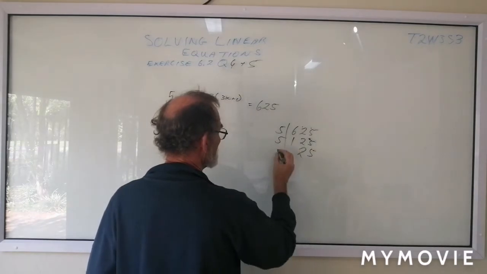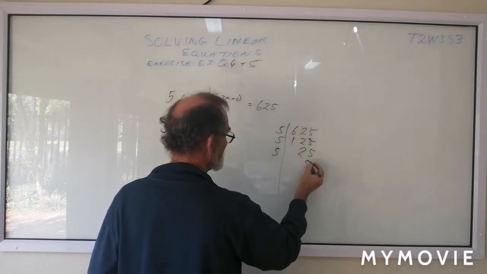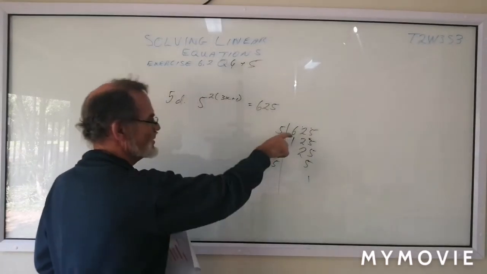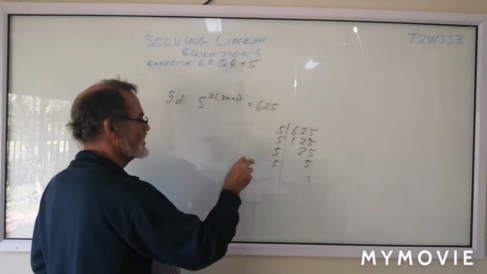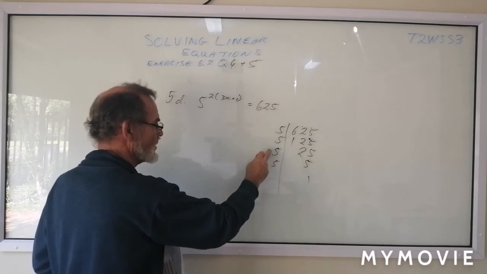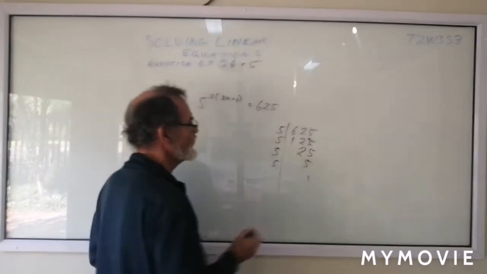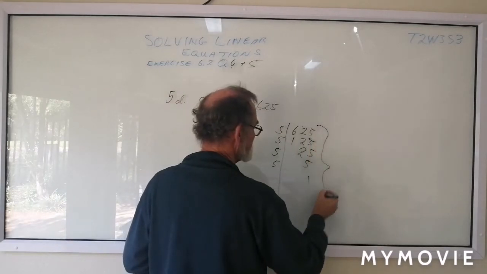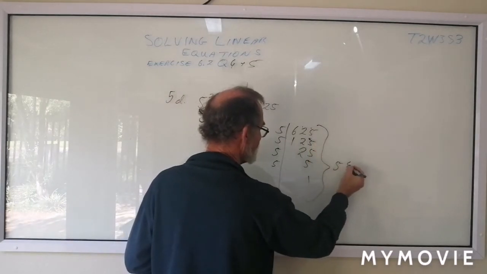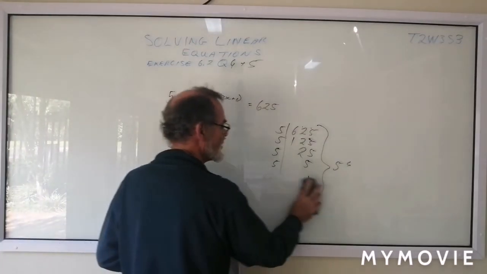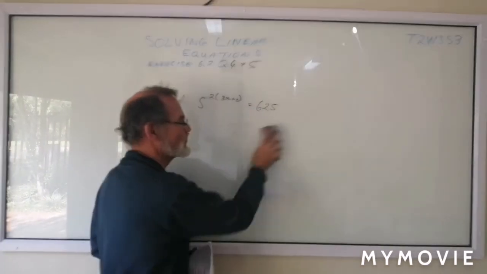We've got 25 here, and 5 goes into 25 5 times, and 5 goes into 5 once. So, 625 is, if we work back, 5 times 5 times 5 times 5. So therefore we know that this is actually 5 to the power 4. So we can replace 625 by 5 to the power 4.